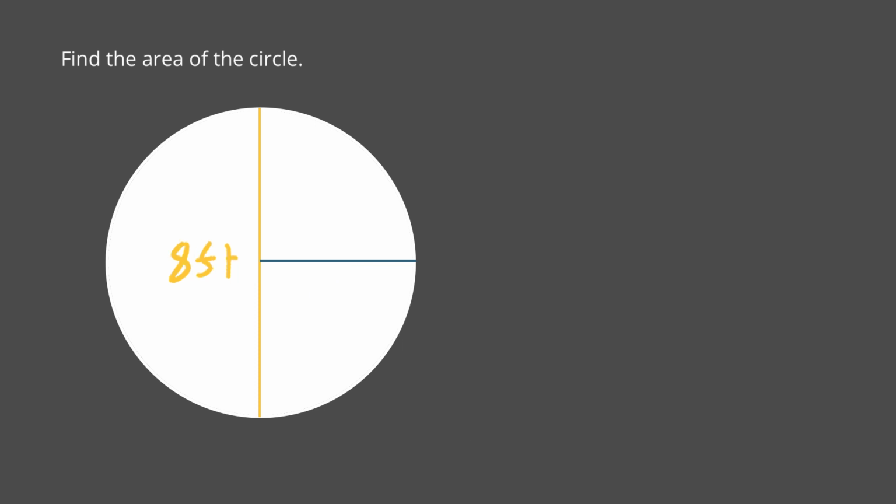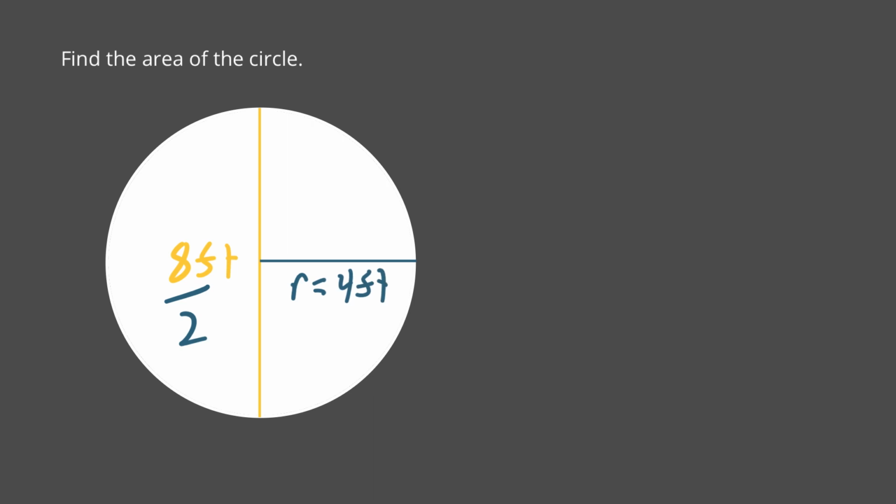Now that you've seen 2 examples, give this one a shot. Go ahead and pause this video, and then I'll work through the solution. Given a diameter of 8 and trying to find the area, we first need to find our radius. We know our radius is the diameter divided by 2, so we can say that our radius is equal to 4 feet.